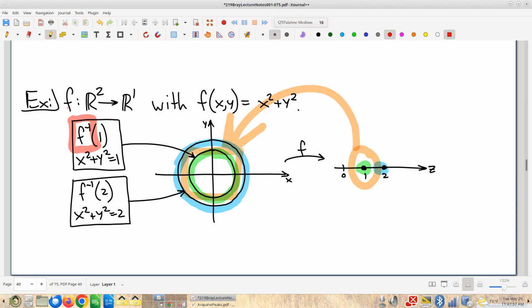But it sure is a convenient, sloppy to be fair, but convenient way to communicate this. If I say F inverse of 1, what I mean is take 1, set that to be the output, and look for the corresponding inputs. Effectively, we're turning 1 into that curve. Is that satisfying?